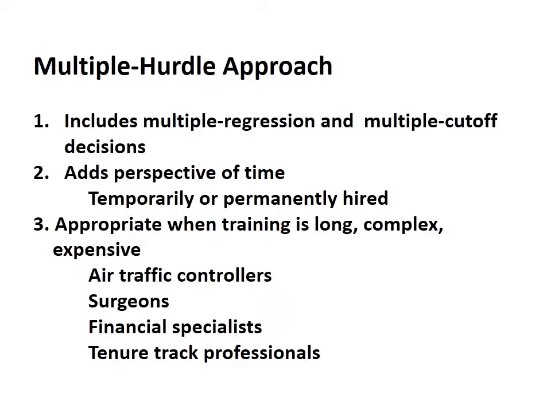So when I was hired as a faculty member, I was initially hired under a yearly contract that I then had to show in a certain period of time, usually 4 to 6 years, that I have done everything necessary to show that I'm competent at my job, and that when I pass that hurdle, that's when I actually become tenured, which is the academic version of permanently hired. So basically, though an assistant professor and on the tenure track, I was considered effectively temporarily hired. So this is an example of the multiple hurdle approach.